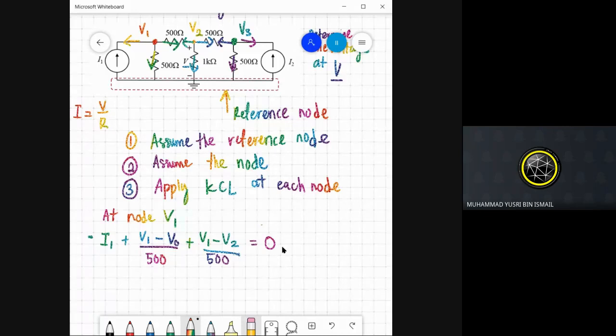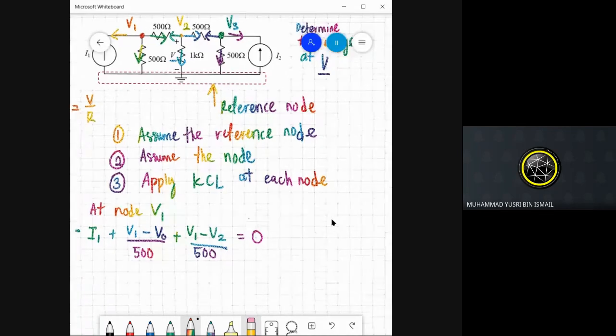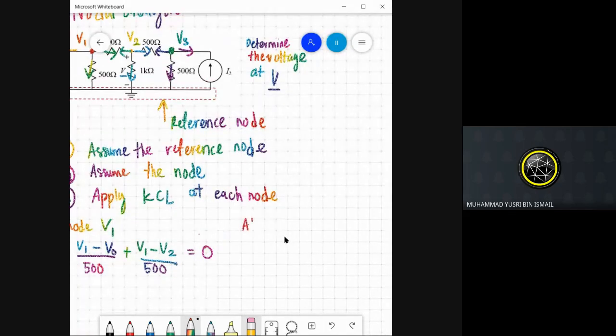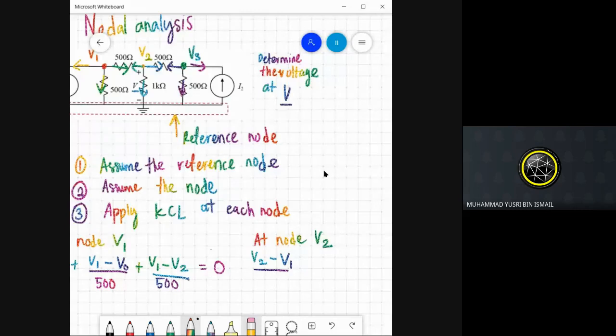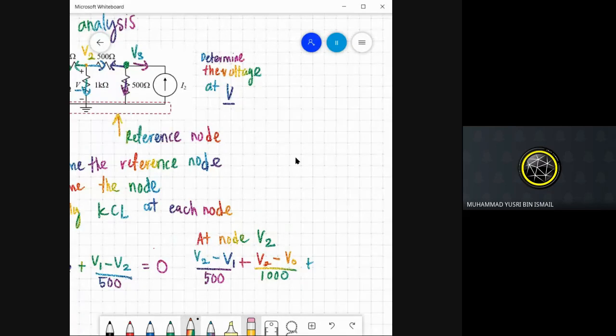Now we go to the node V2. At node V2, you will have V2 minus V1 divided by 500 ohm, plus V2 minus V naught or V reference divided by 1000 ohm, and then V2 minus V3 divided by 500, equal to 0.